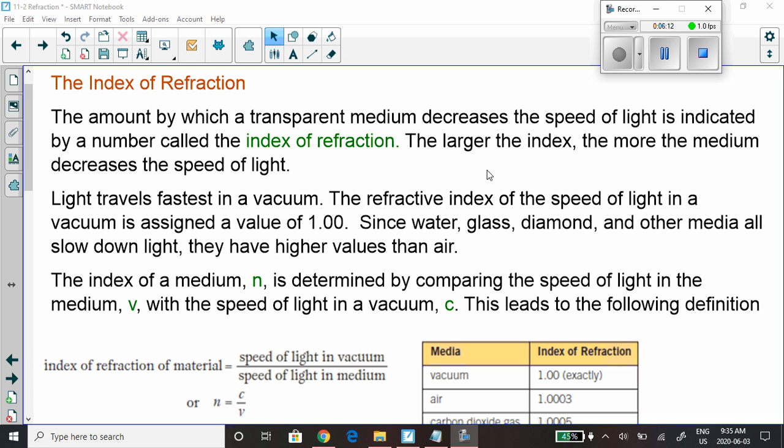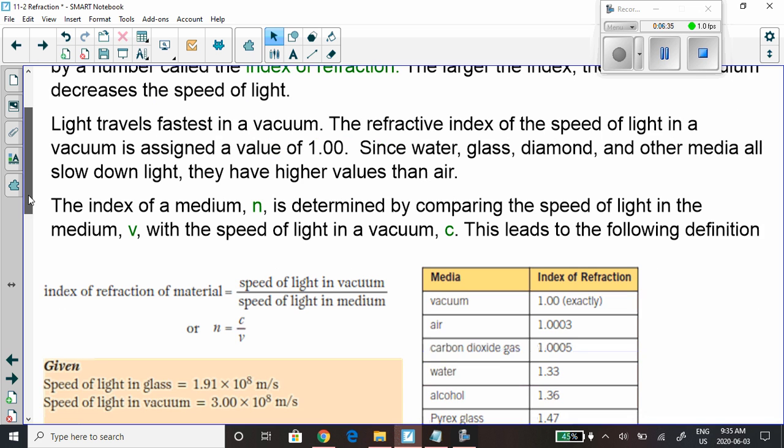They started to do experiments with different materials to see by just how much the speed changed. And what they decided to do is always compare it back to the speed of light in emptiness, in vacuum. They decided to compare those speeds through a ratio. And here's the ratio right here.